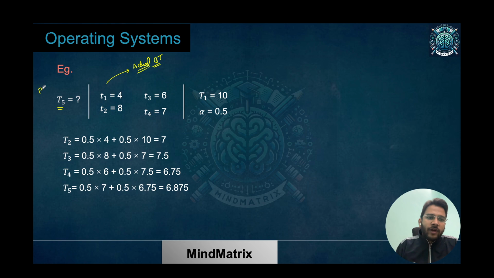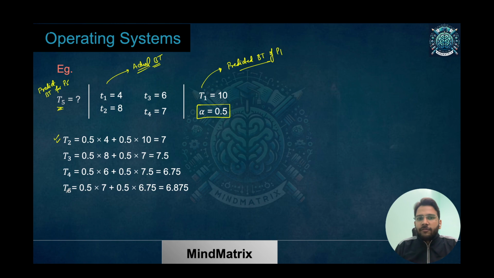That means we need to predict the burst time for the P5 process. Okay. T1 is also given, that is the predicted burst time of the P1 process, and the value of alpha is given, that is the smoothing factor. So first we are going to calculate T2 because we need to calculate T5. So first we have to start with T2, then T3, then T4, then T5.